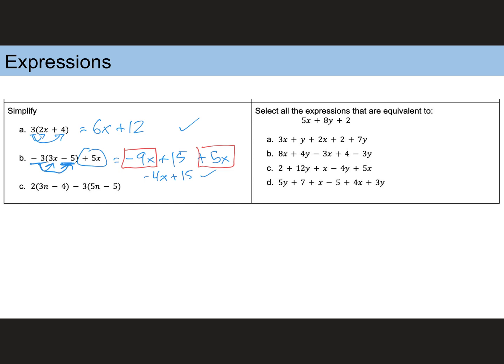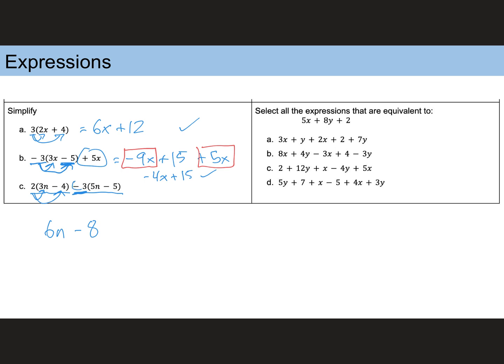All right, for the next one, I'm going to do this in 2 parts. So first, I do this distributive property, and then I do this distributive property. So 2 groups of 3n is 6n. 2 groups of -4 is a -8. Now for the second part, I'm going to be multiplying by -3.